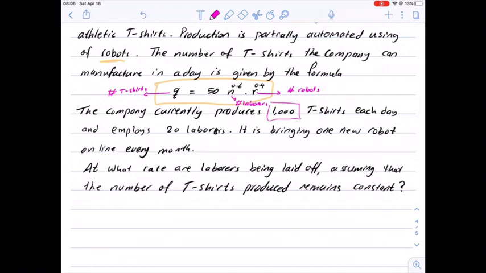Now the company currently produces 1,000 t-shirts each day and employs 20 laborers. This is N. It's bringing one new robot online every month. So if we denote the number of robots by R, it's bringing one new robot every month. That means the change in the number of robots over time is equal to 1.